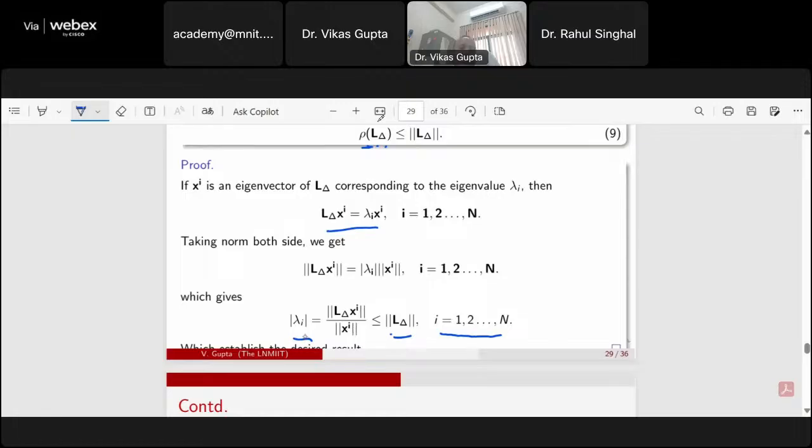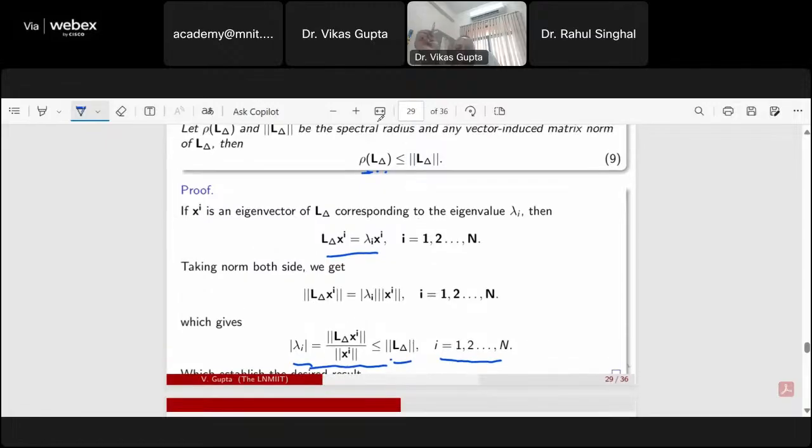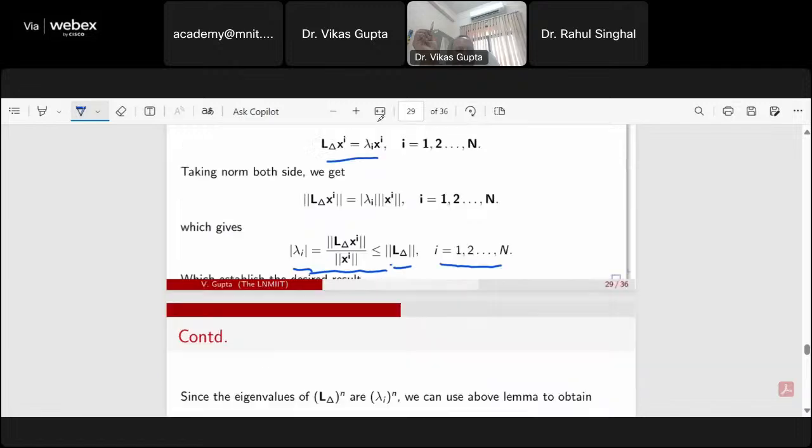Among them, this is true for the largest eigenvalue in magnitude, which is defined as the spectral radius. So this inequality gives the desired estimate: rho(L_delta) is less than or equal to the norm of L_delta.